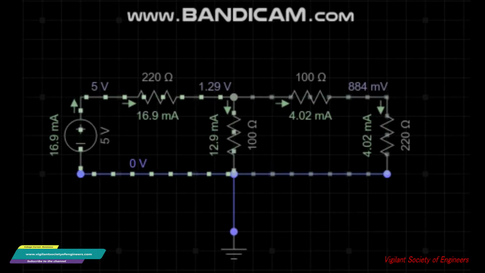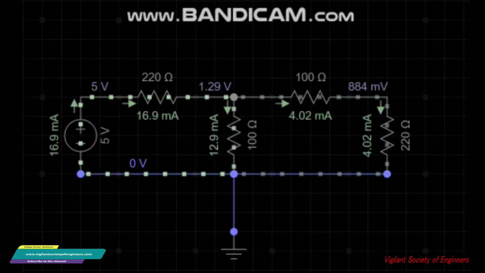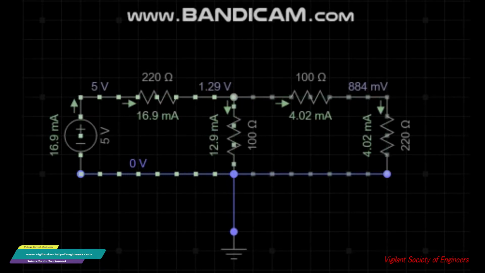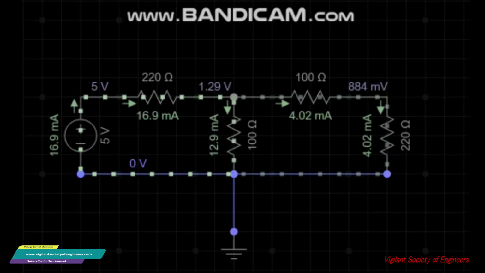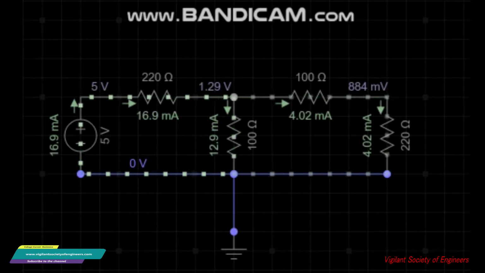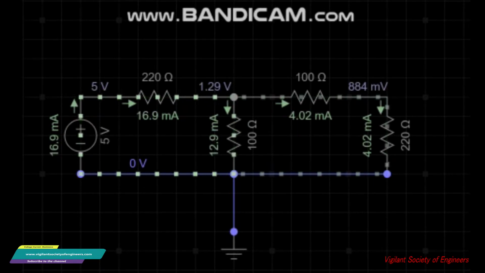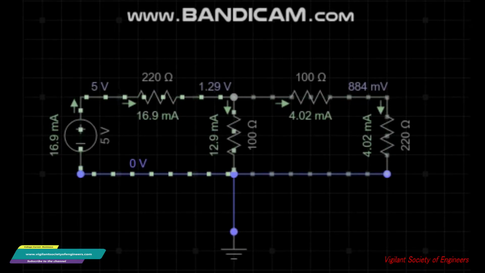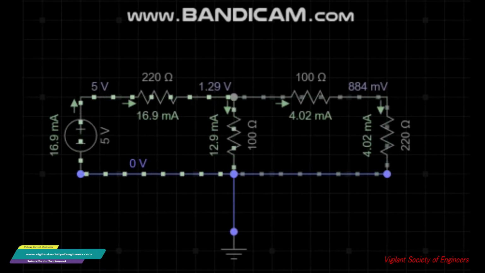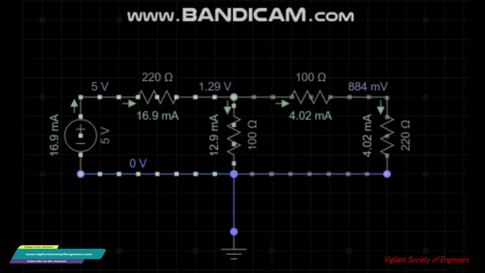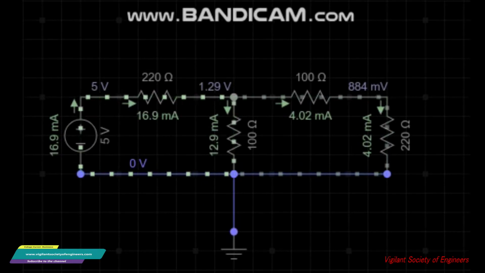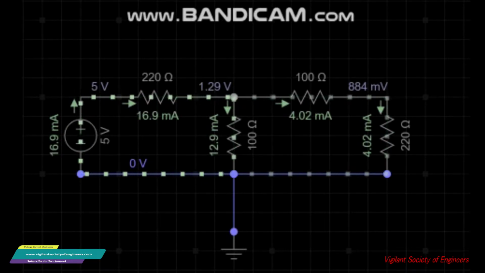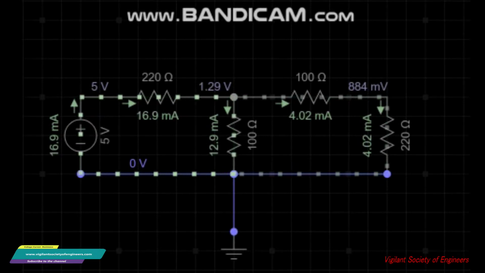So the voltage recorded from the illustration or the simulation is actually 5 volts, well, from the source end. However, we experience a voltage drop resulting in 1.9, 1.3 volts. All right.